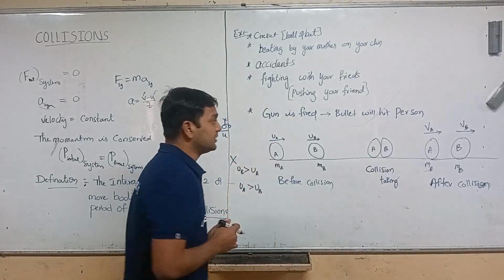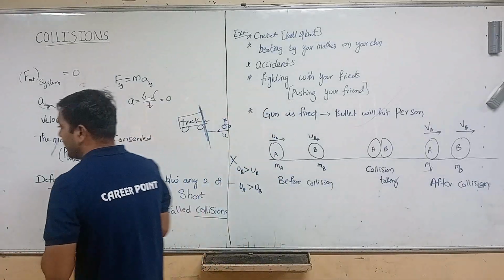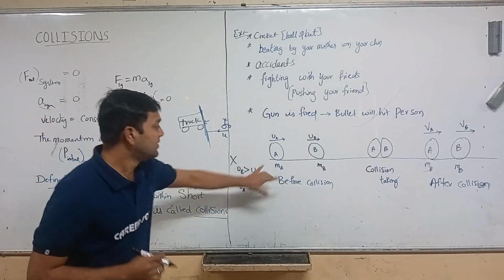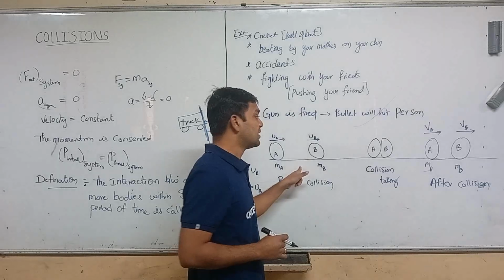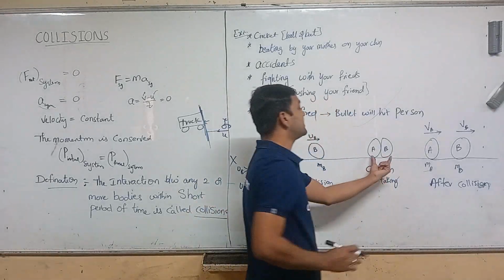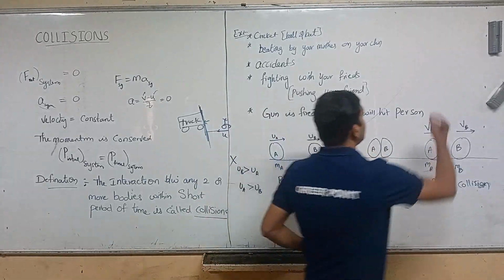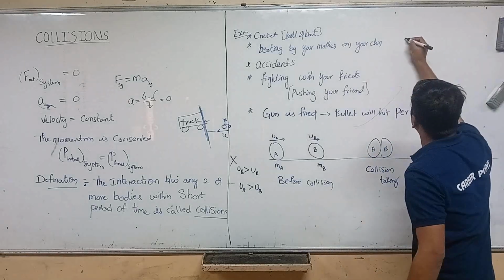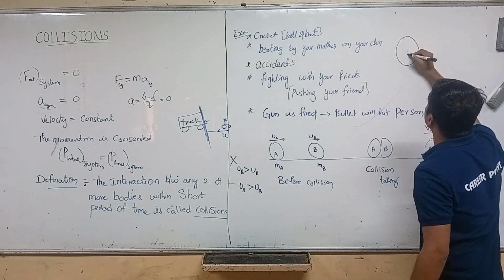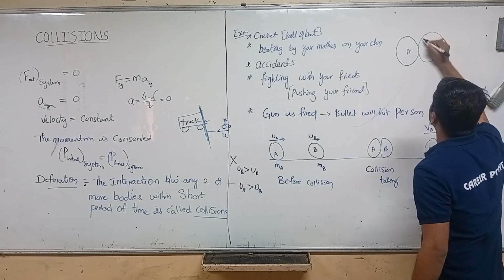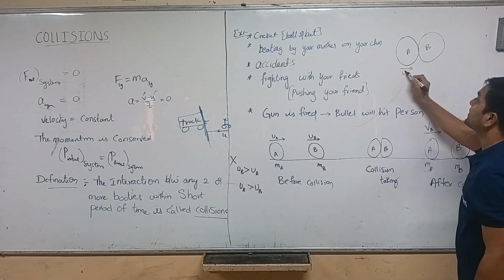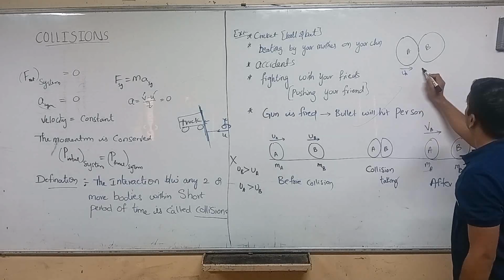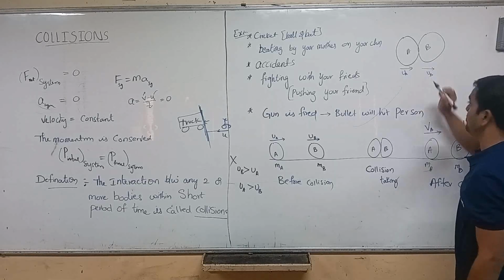So like this we can think. So let us say this is my initial. Right? So here this object is deformed. Let us take object A and object B. This object is coming with certain velocity ua and this object is also having some velocity ub.